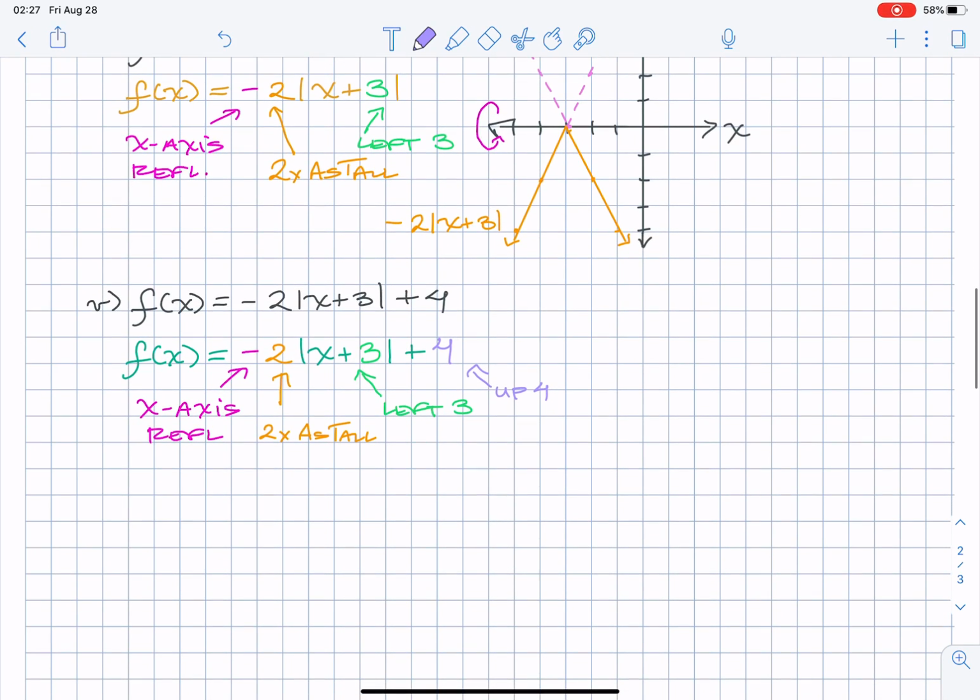So I claim that it's going to look just like the graph above it. So we went like so. X and Y. So 1, 2, 3, 4. 1, 2, 3, 4, 5. 1, 2, 3.